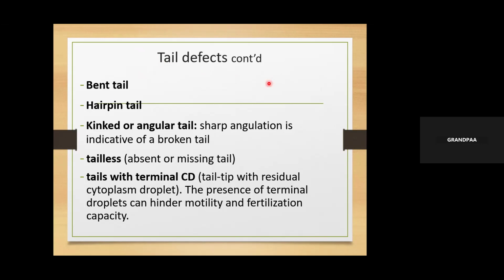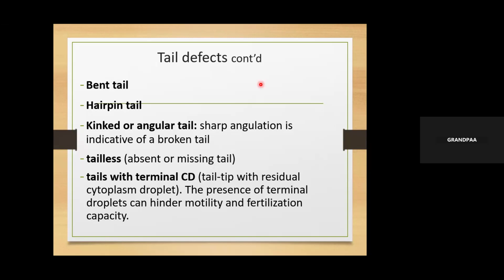Okay. Right. So one of the things is this kinky or angular tail syndrome, where a lot of the sperms will show broken kind of tails. Not broken as to give you a short distance, but you see them kinky.